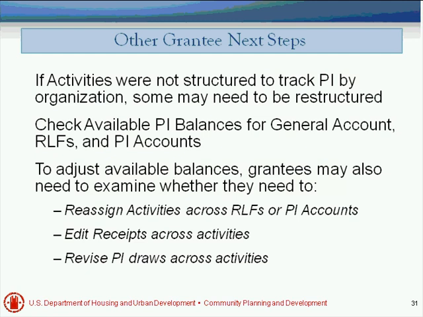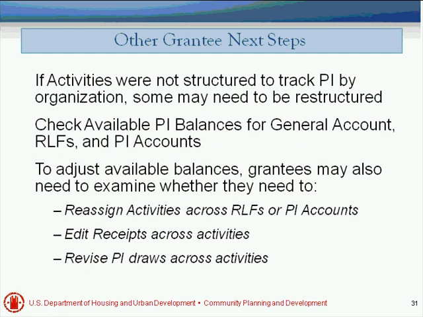And so it could be that you have to create another project and reassign those 2 RLF activities to a new RLF project. It could be that you've been recording your program income and said, oh gosh, I'm just going to put it on this general program income activity.